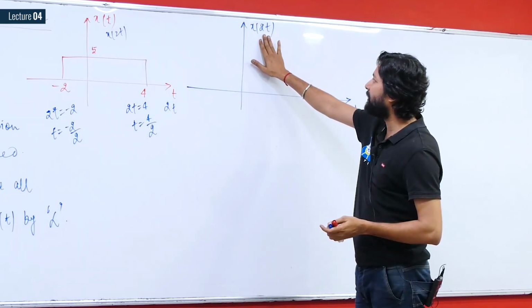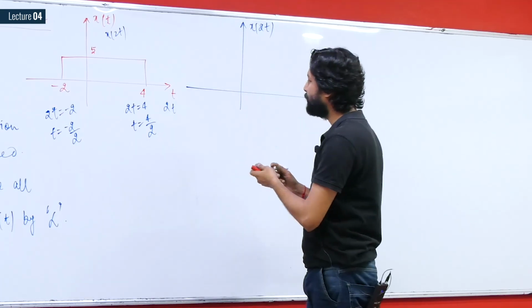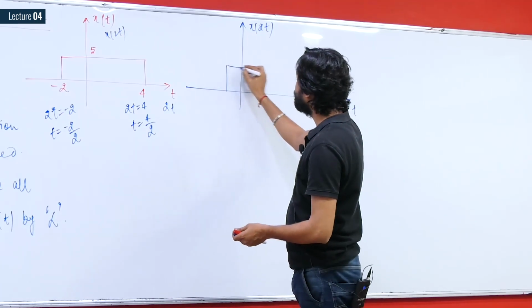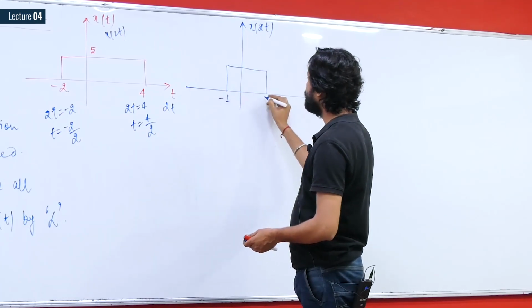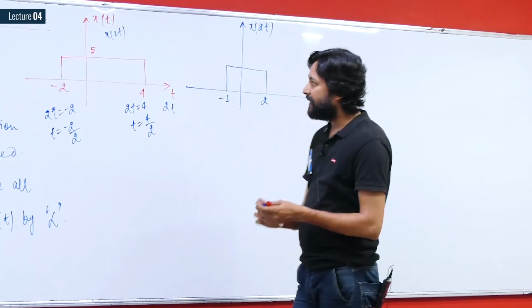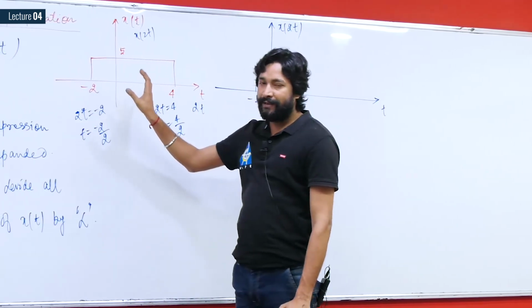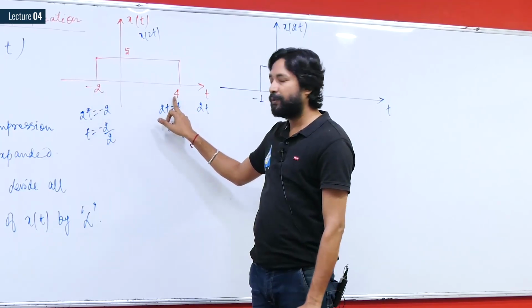Therefore, x of 2t will exist from t equals minus 1 to plus 2. x of t was given to you existing from minus 2 to plus 4.